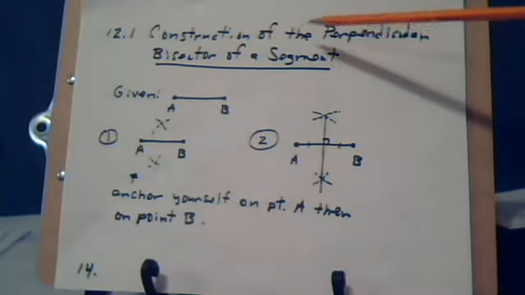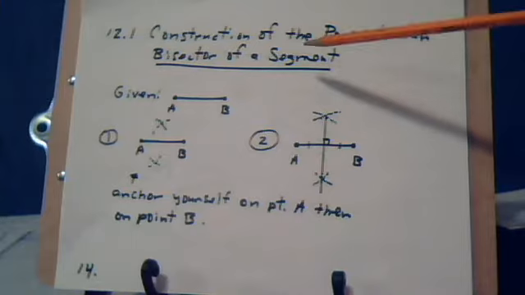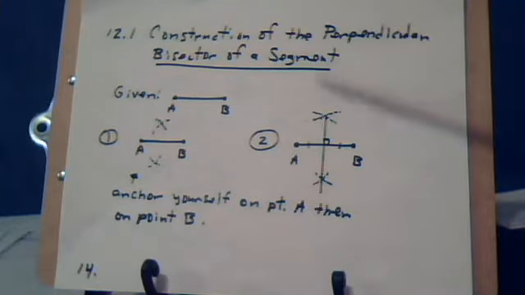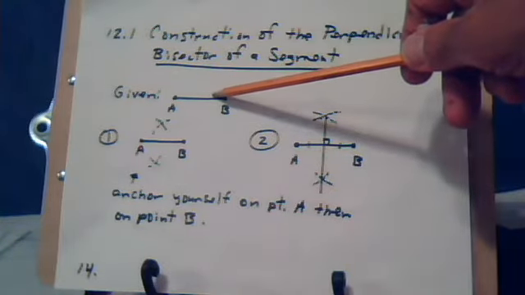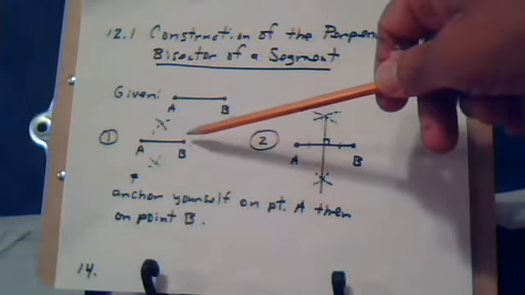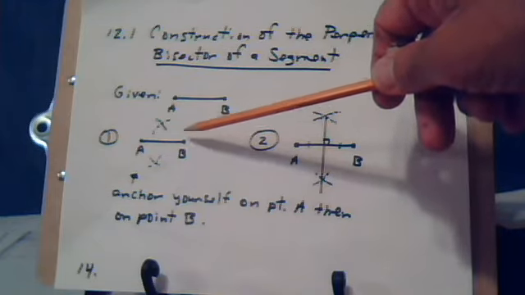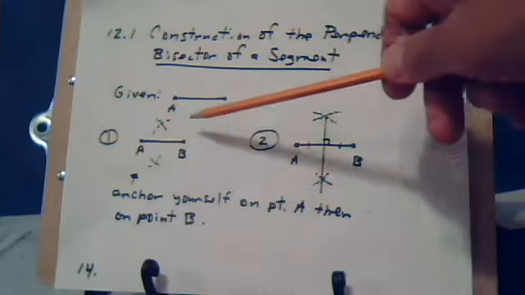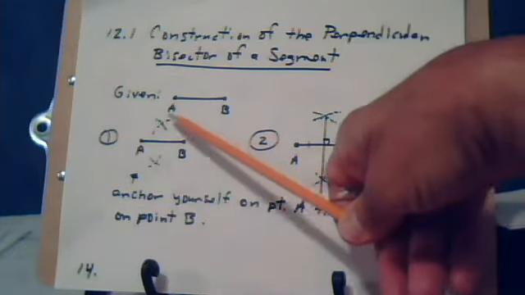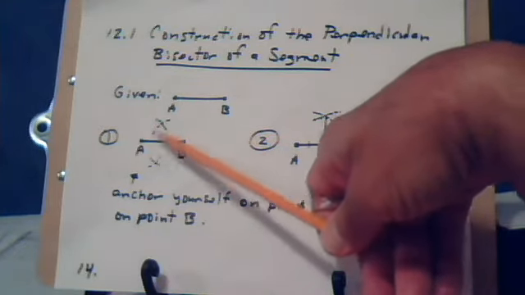Now we're going to construct a perpendicular bisector segment, which means we're going to cut the segment in half, but with a perpendicular line or segment. So here's a given segment. Now you anchor your compass once on the B and once on the A, and then you rotate your compass and make this arc.